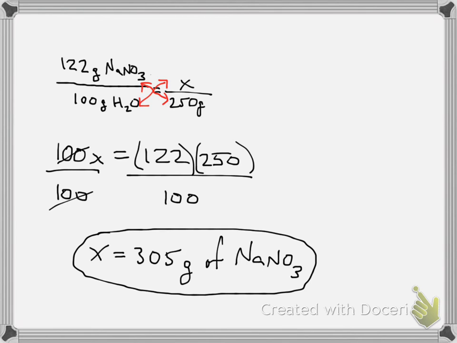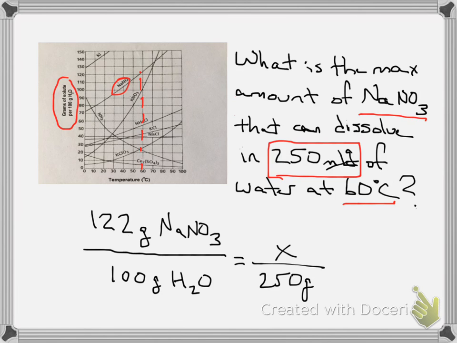Because you're trying to put too much solid in, and then anything under that 305 grams is going to be considered unsaturated. And then, of course, right at 305 grams is just at that point of saturation. So that's just a way that you can learn to play around with these solubility curves.